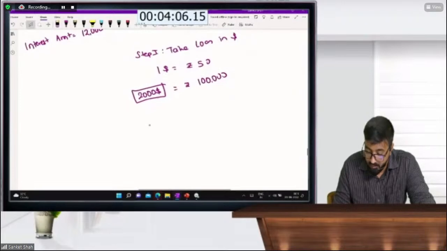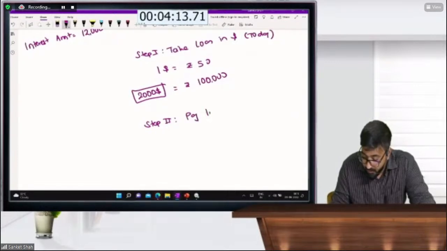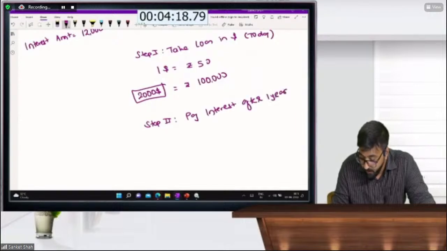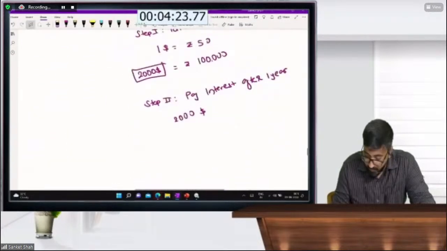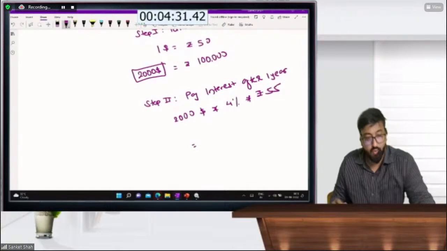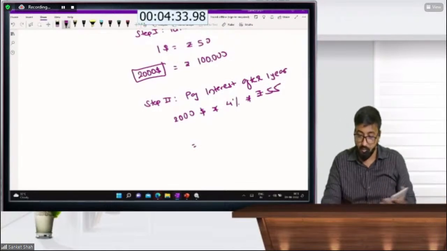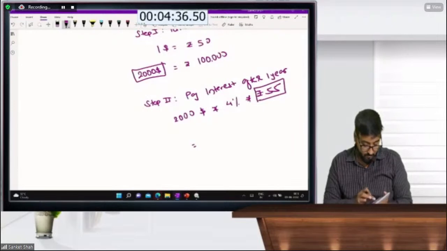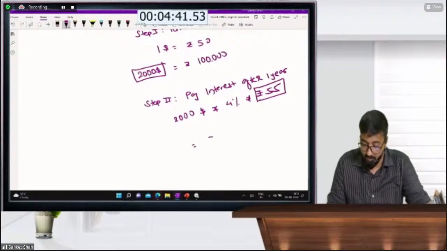Step 2, this is today. Pay interest after 1 year: $2,000 into 4% into rupees 55, because after 1 year the rate is rupees 55. So how much are you going to convert? 5,500.